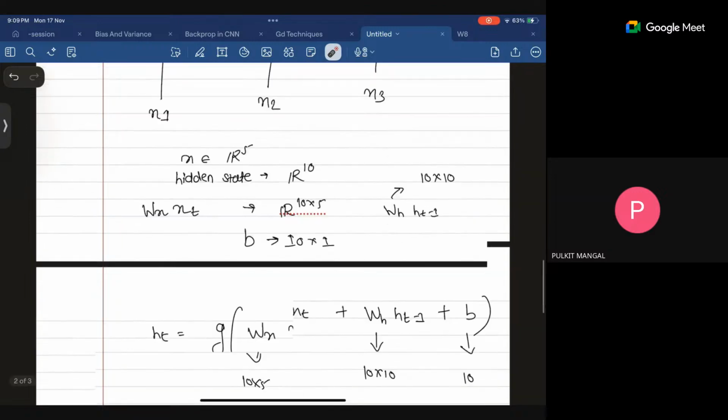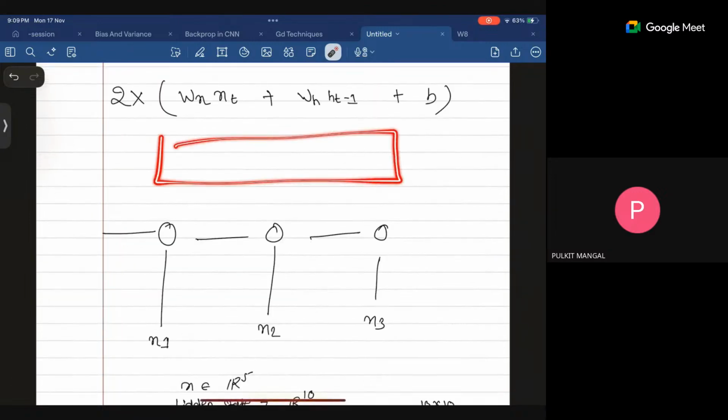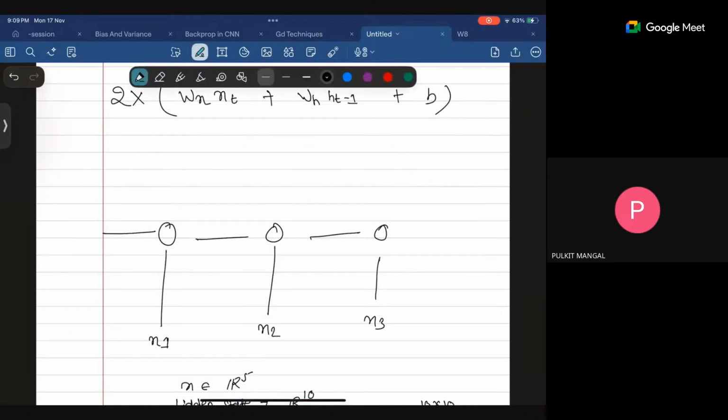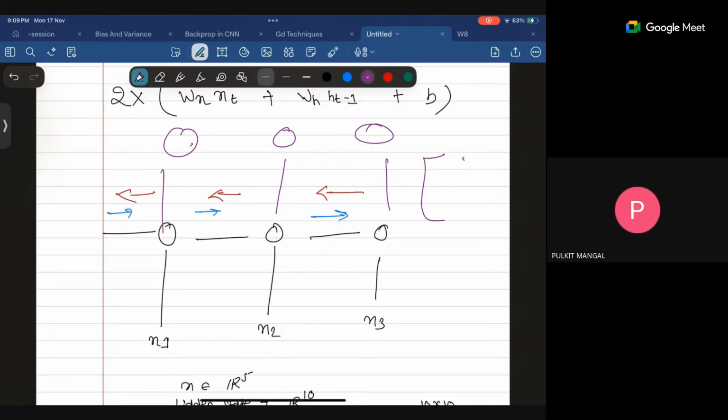Now, if you also account for the output state, let's suppose this was the forward direction, and then you had something for the backward direction also. If you have the output state also, what goes into the output state? The concatenated form of the hidden states. So if my forward hidden state dimension is 10 and the backward hidden state dimension is also 10, my final hidden state dimension will become R20.